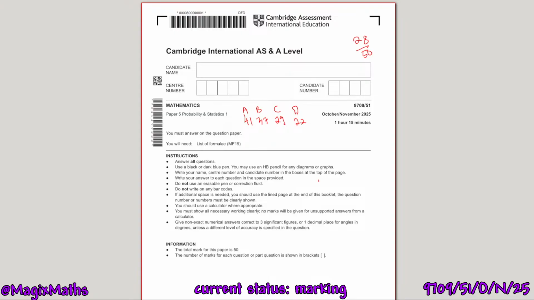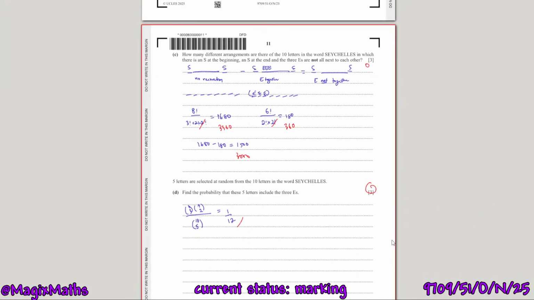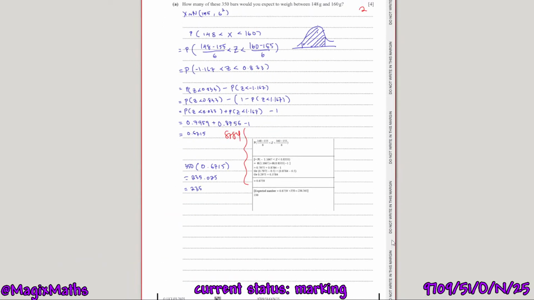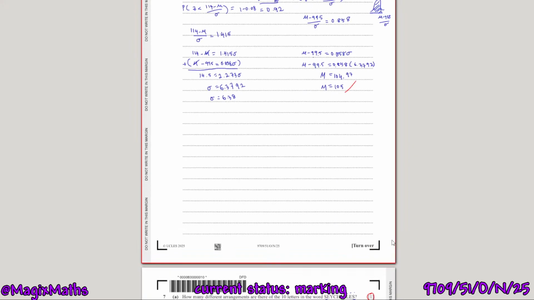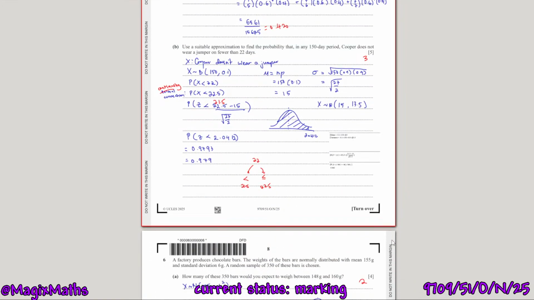So bad job, not good. I mean, I lost approximately 10 marks here. Wait, no, 2 plus 5. 2 plus 5 is 7.